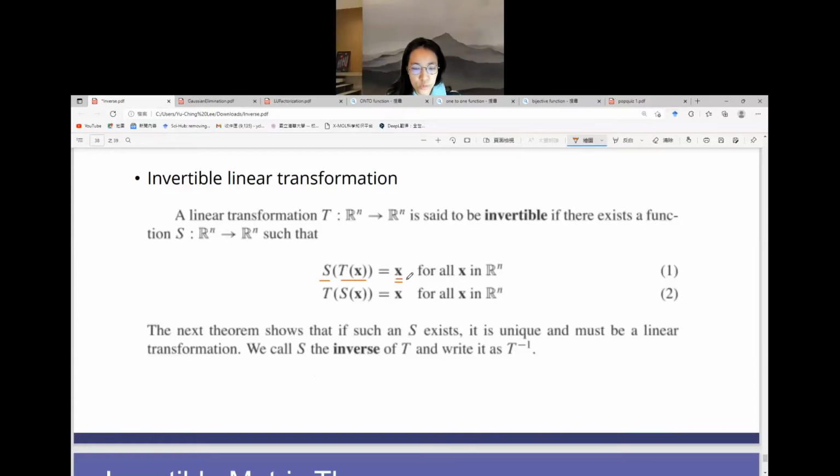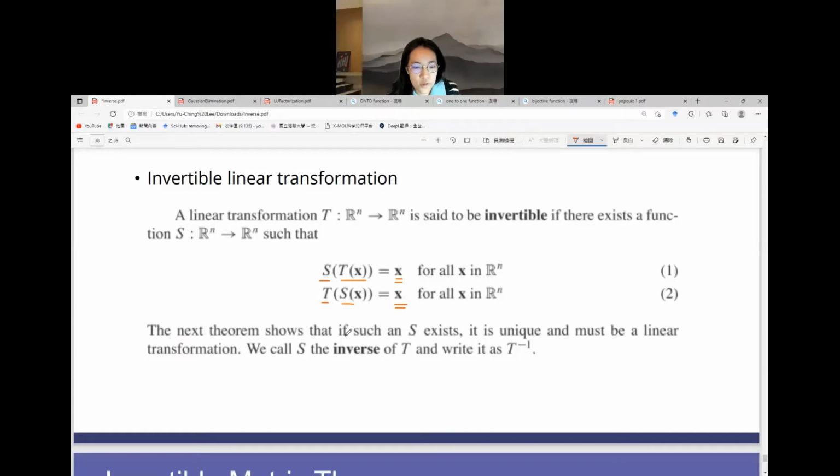Since this is an undo, we get exactly the same vector x. And similarly for S, the linear transformation is invertible means that there exists a function to undo S: we take the function T of S, and then that will undo what has been performed on S.